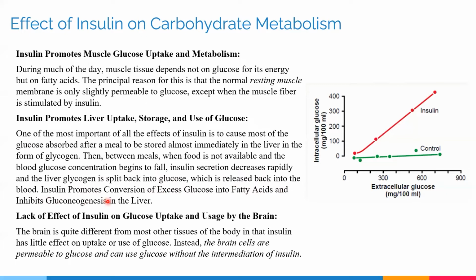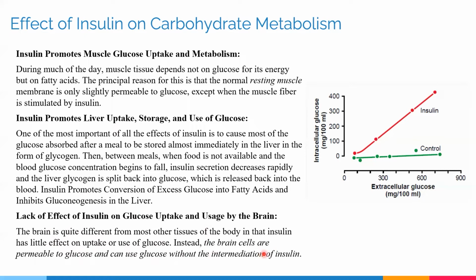Insulin promotes conversion of excess glucose into fatty acids and inhibits gluconeogenesis, or production of glucose, in the liver. Next, lack of effect of insulin on glucose uptake and usage by the brain. The brain is quite different from most other tissues of the body in that insulin has little effect on uptake or use of glucose.